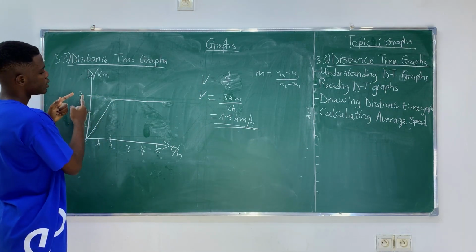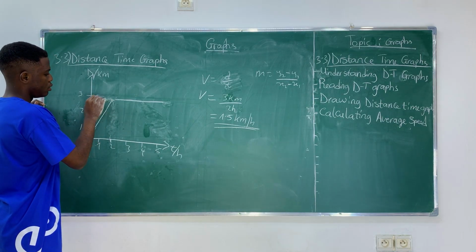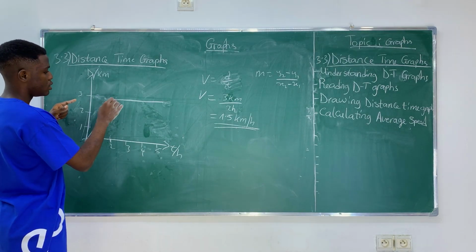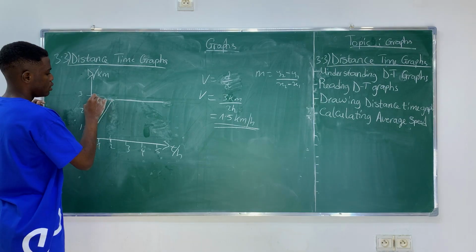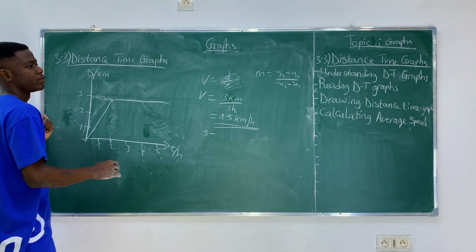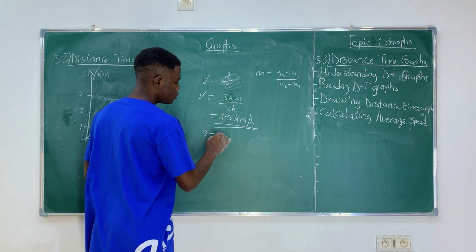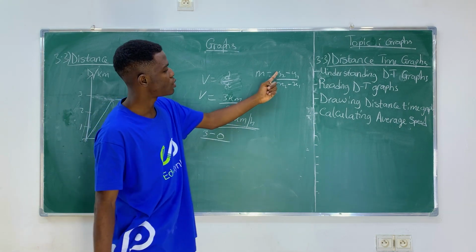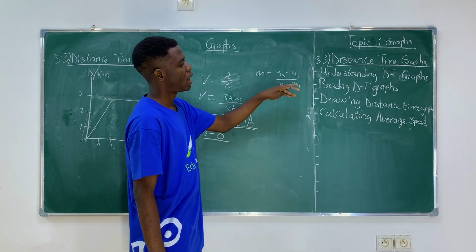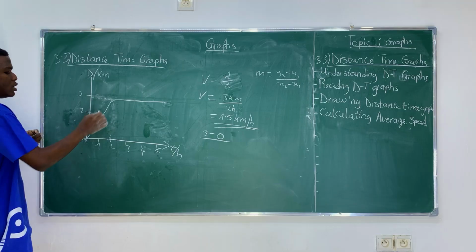What is y in this case? y is d. d2 is the higher distance, which is 3, minus the beginning distance, 0. You see, y2 means the ending distance, where it stops, and y1 means the distance where it started.